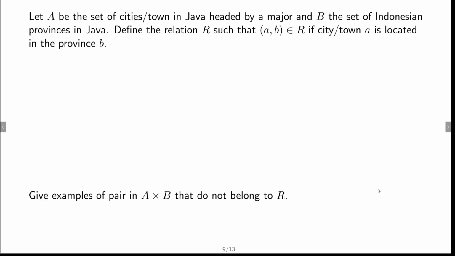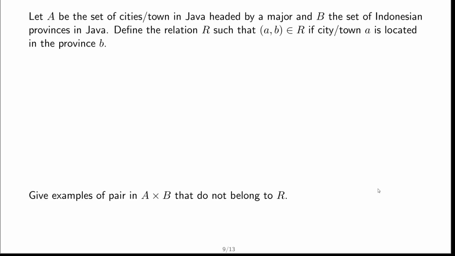Now, let's have a look at a concrete example. Suppose A is the set of cities or towns in Java that are headed by a mayor, and B is the set of Indonesian provinces in Java.